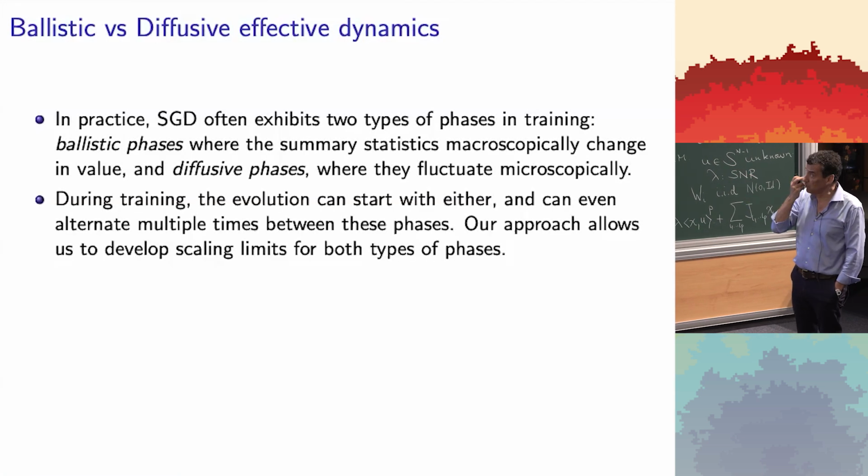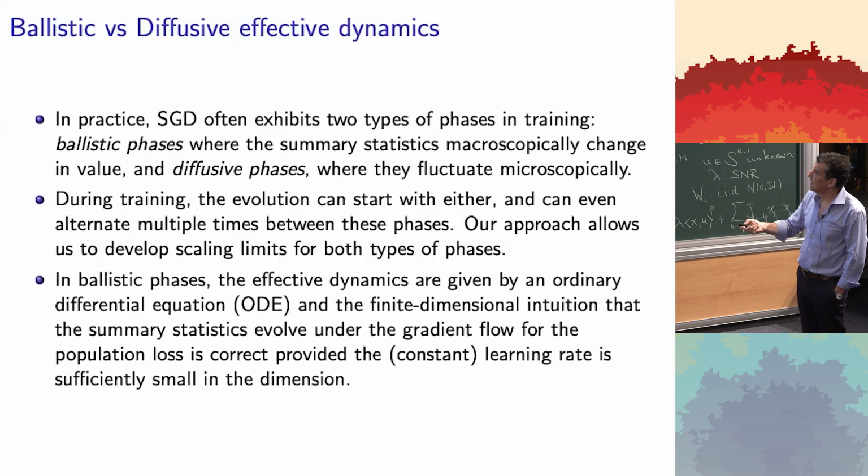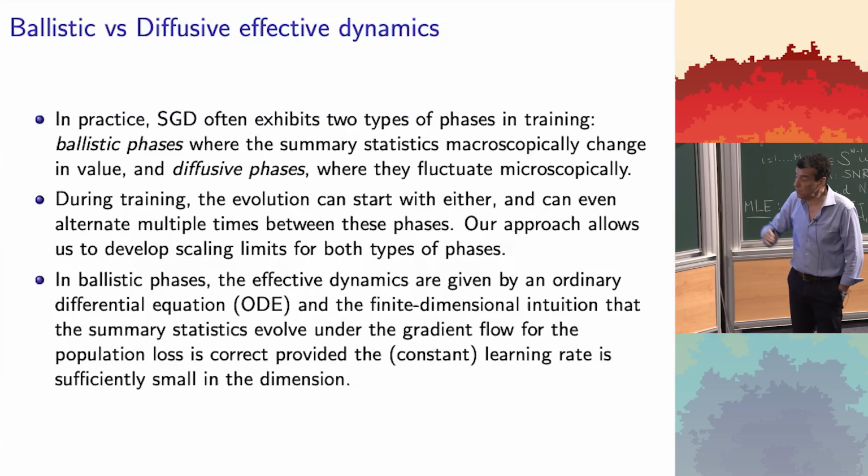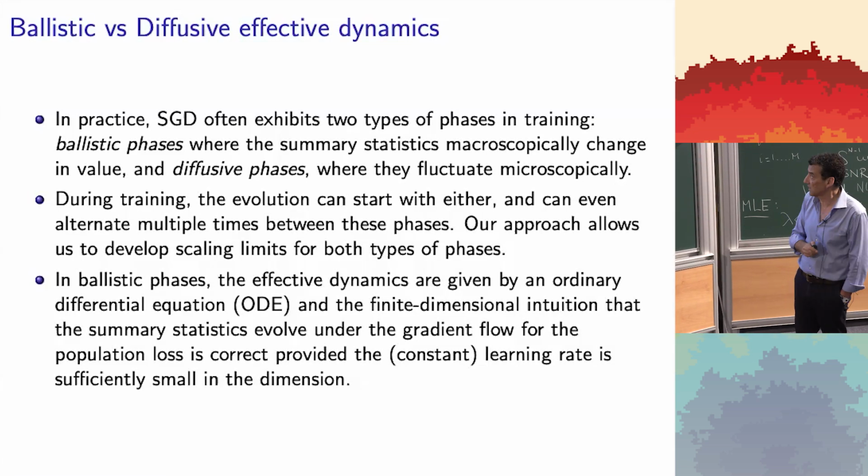So during training, the evolution can start with either, here it started with diffusive, and can even alternate multiple times between these phases. And you can develop scaling limits for all these phases. So in ballistic phases, the effective dynamics are given by ODEs, and the finite dimensional intuition, the one when data is very large, that the summary statistics evolve under the gradient flow of the population loss, is essentially correct, provided the learning rate is sufficiently small in the dimension, right?